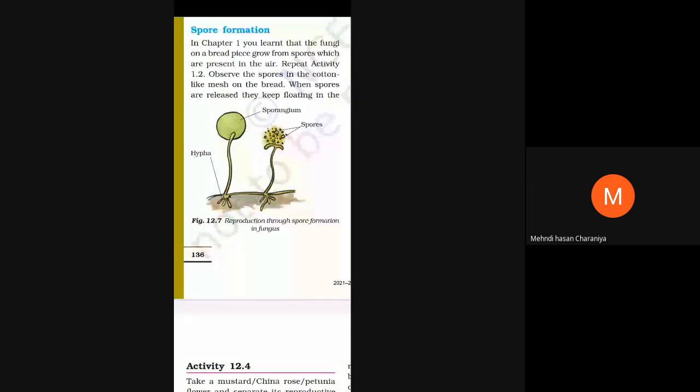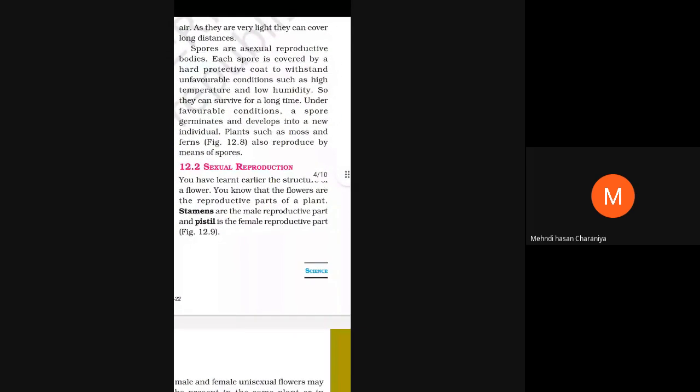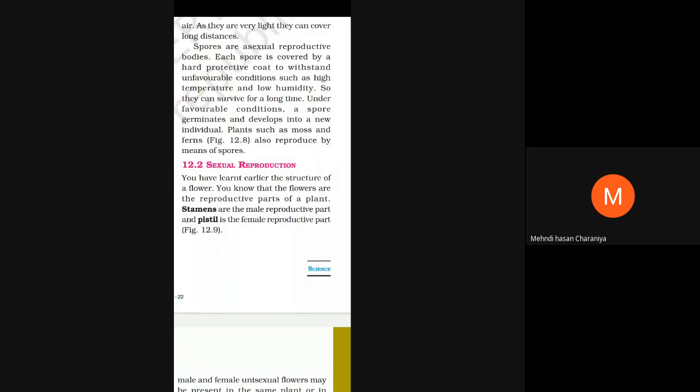in the air. Repeat activity 1.2. Observe the spores in the cotton like mesh on the bread. When spores are released, they keep floating in the air. As they are very light, they can cover long distances. Spores are asexual reproductive bodies.